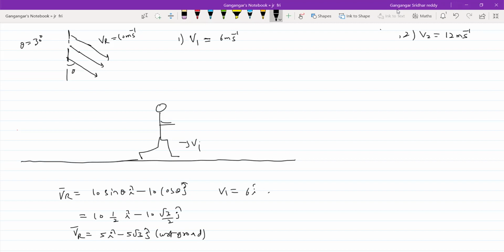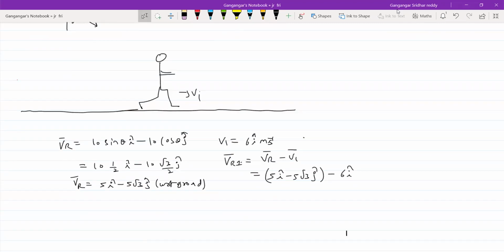Okay, directly calculate now. Shall I write VR1? VR bar minus V1 bar. VR bar is 5 i cap, 5 root 3 j cap. V1 bar is 6 i cap. Five minus 6 gives minus i cap, minus 5 root 3 j cap.